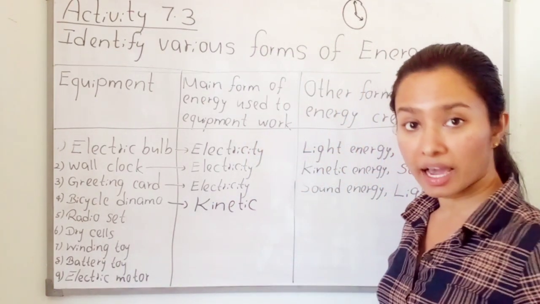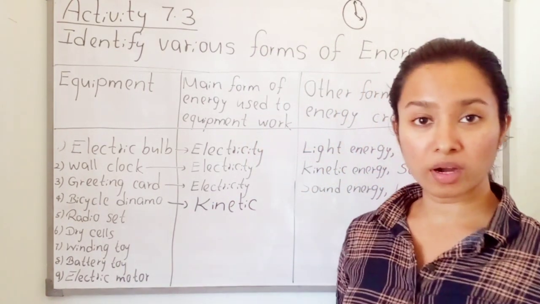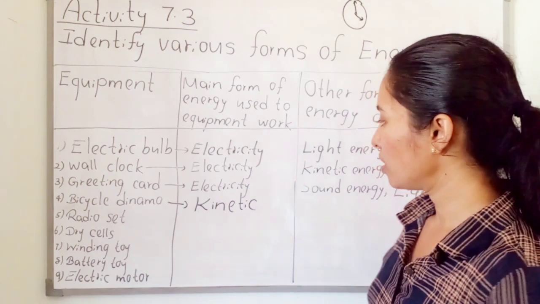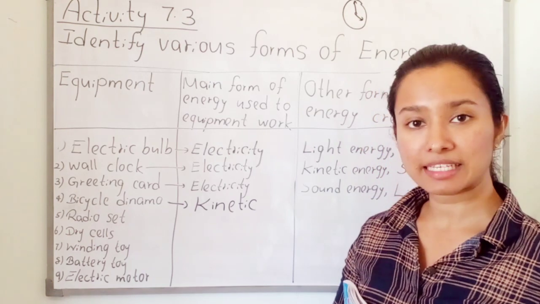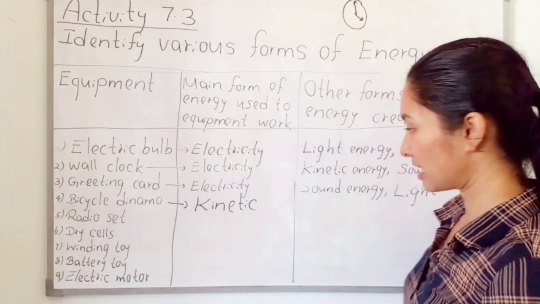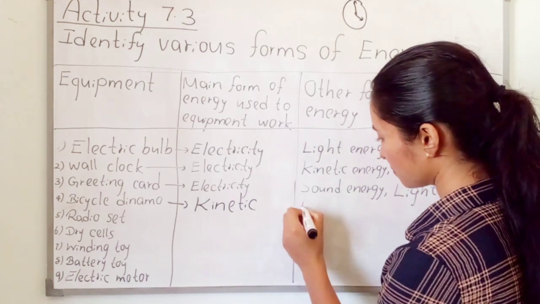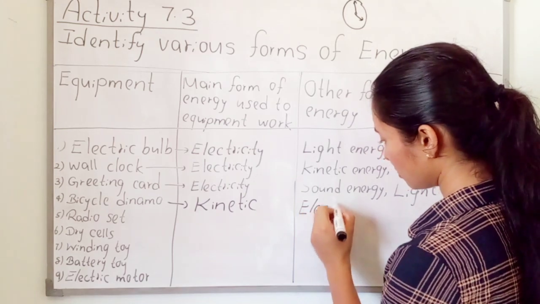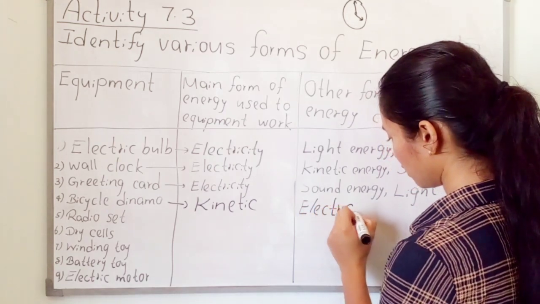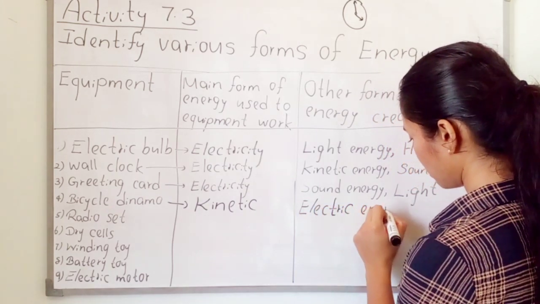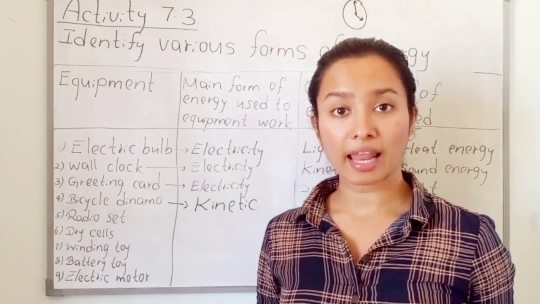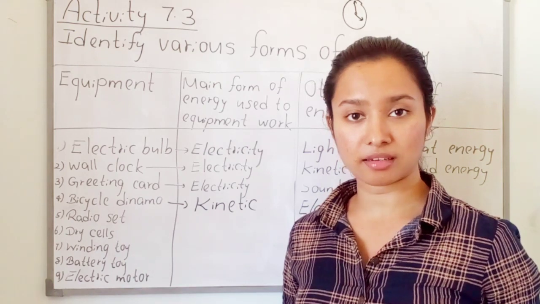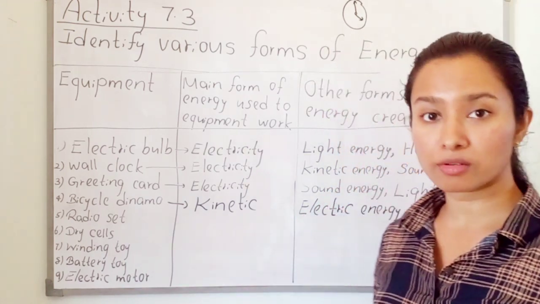We need kinetic energy to work a dynamo. Then what are the other energies created? Electricity is generated, electric energy. The bulb lights when we are riding the bicycle, so light energy is also created.